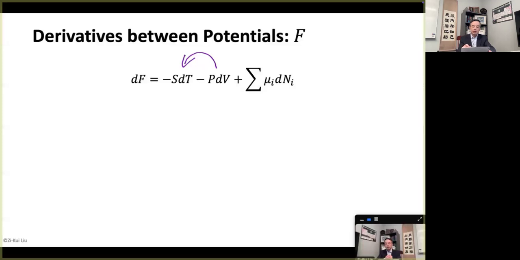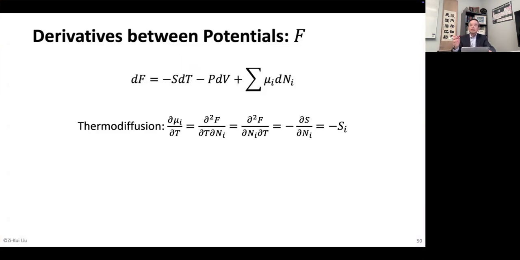We can also do the chemical potential to temperature derivative. This is called thermal diffusion. Basically, diffusion is driven by a temperature gradient because the temperature affects the chemical potential.